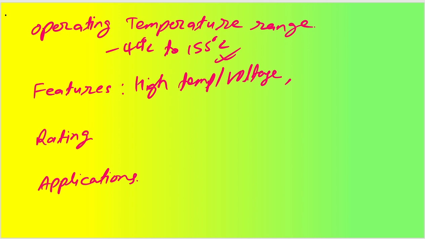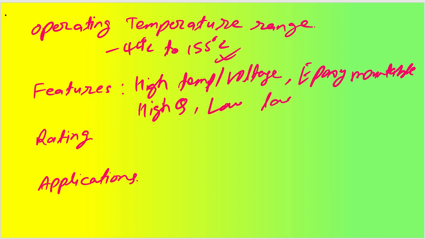You can have, let us say, epoxy mountable as one of the features, okay. So epoxy mountable is one of the features. You can have one more, let me write down, mountable. Then you can have high Q, okay, so high Q factor that you want, or low loss, okay.